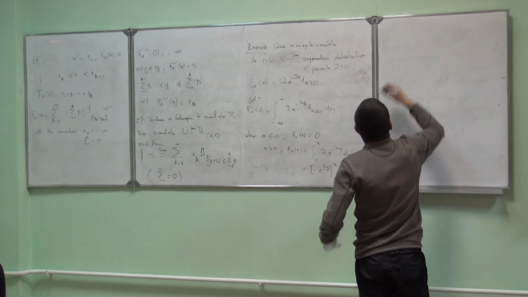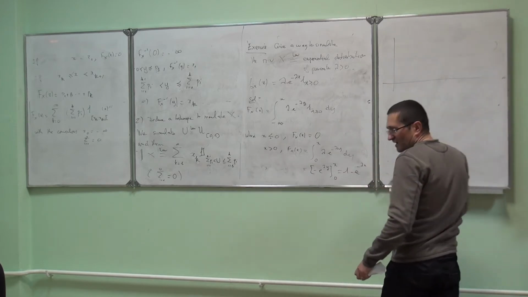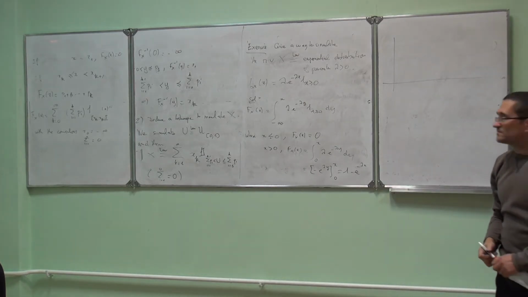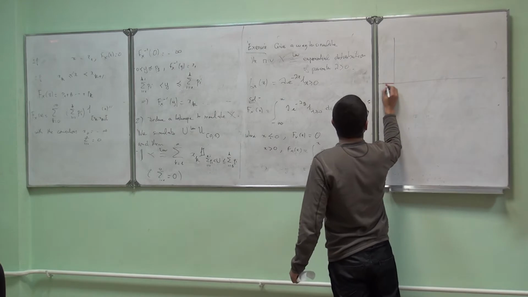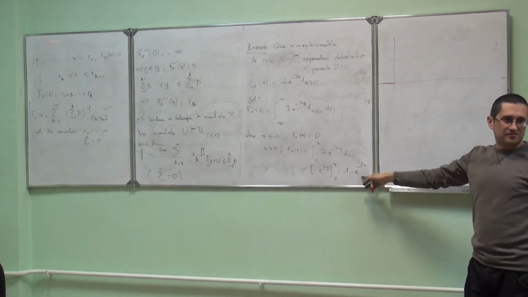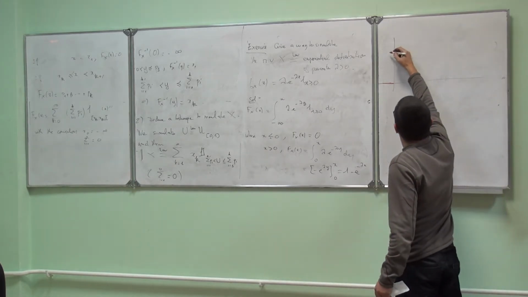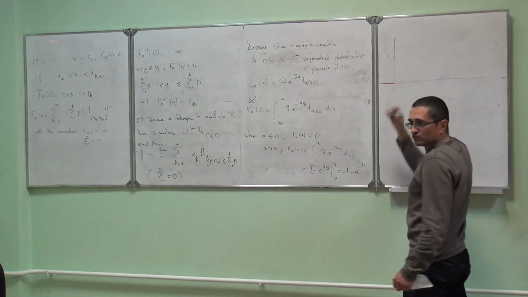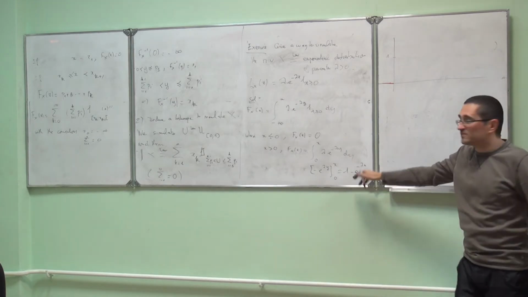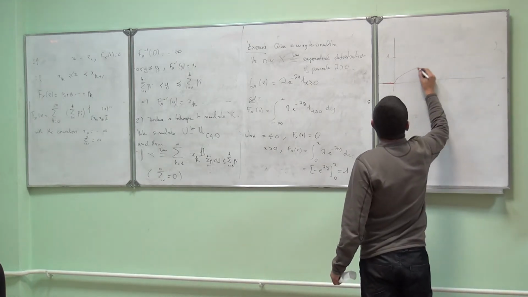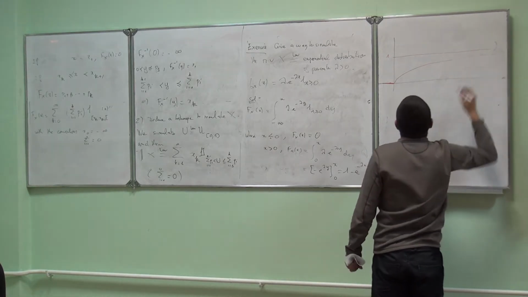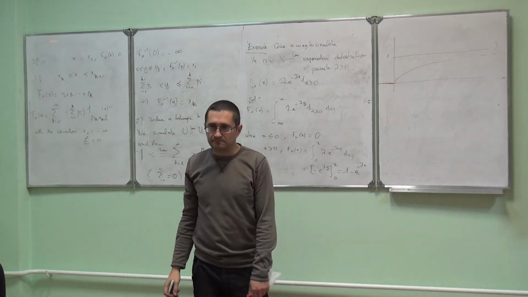Maybe it's convenient to see the graph of this cumulative distribution function. That is 0 here. And then you present this function, so the maximum, the supremum, is 1, of course. And for x greater than 0, you get something like this, with an asymptotic line here.